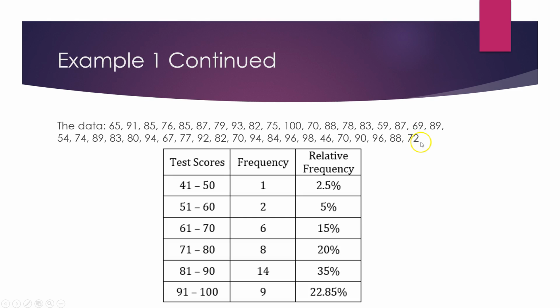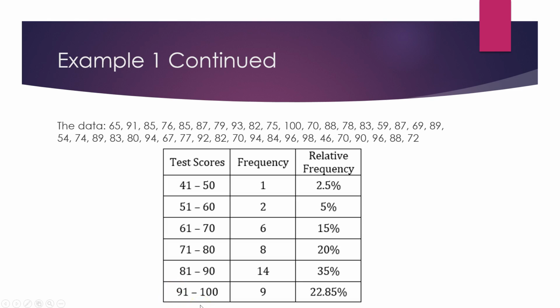So as you're setting up your frequency distributions, you may want to keep this in mind. Instead of starting at 41, I may have actually chosen to do 40 to 49, 50 to 59, and so on. You would run into a problem down here because this last class would be 90 to 99, and then you would need to create a new class for 100.